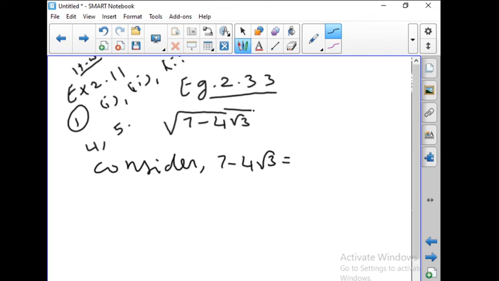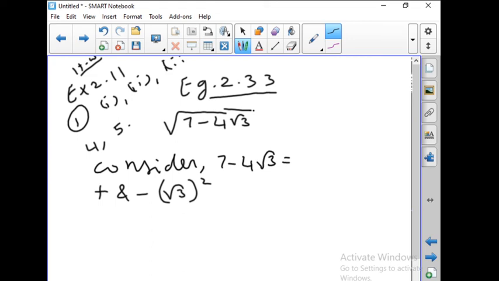Okay. So root 3 square is what? Root 3 square is 3. Therefore, you add and subtract root 3 square. Okay. Add and subtract root 3 square. What is root 3 square? Root 3 square is 3.